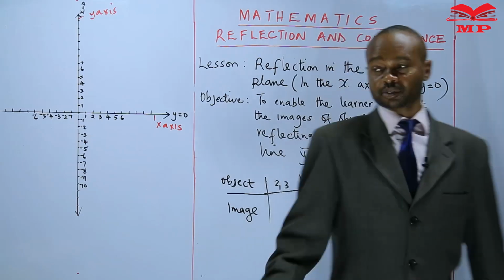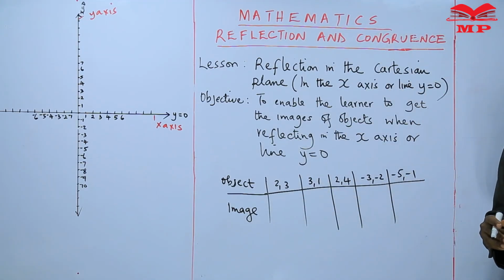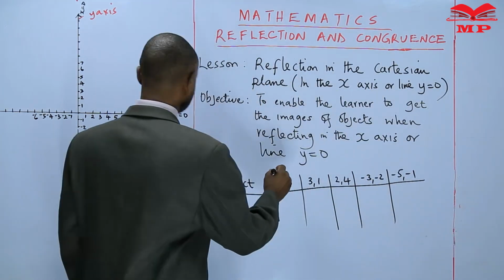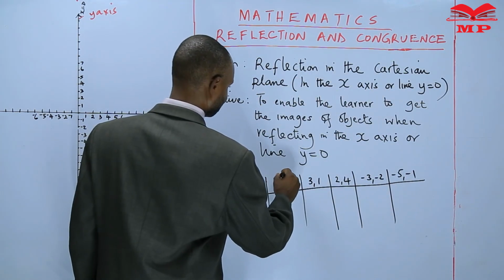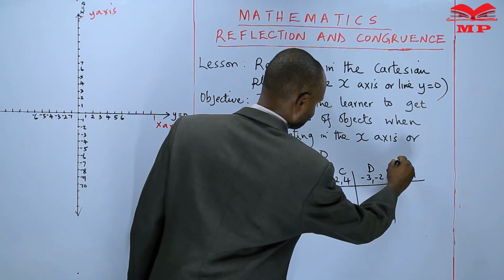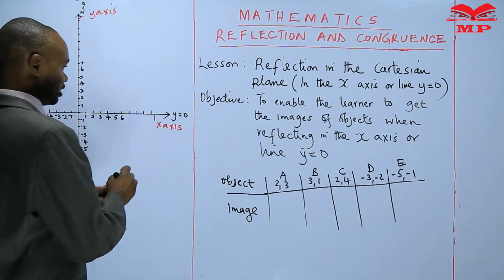So we are going to note first of all where the objects are. The first object, you can even give it letters, A, B, C, D, E. You want to note where A is. A, you'll come here.